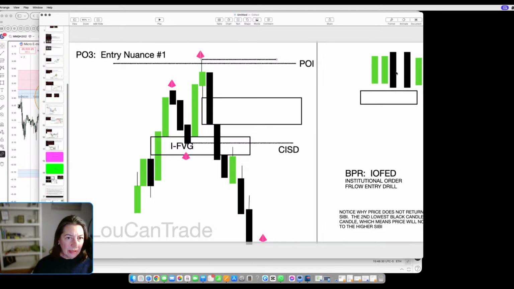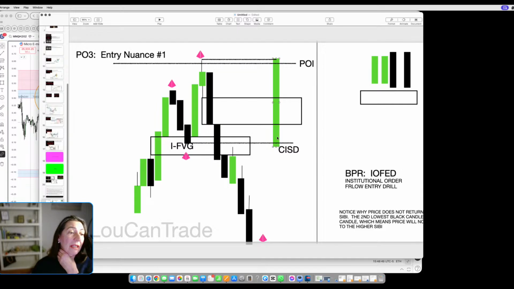So our risk is between here, where we put our stop loss, and our entry, which is here. That is quite a large stop loss. I can tell you that it is too large a stop loss for my purposes.